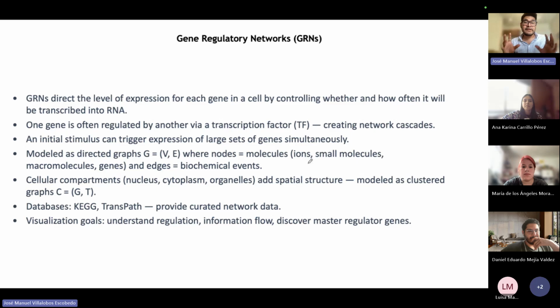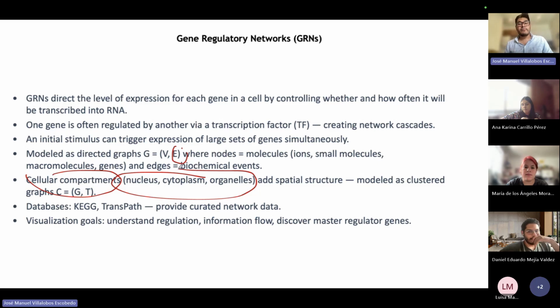In this case, particularly in a regulatory network, we are talking about genes and the interaction of the genes. So there are other kinds of things that we can consider. For example, cellular compartments, like if something is happening in the nucleus, or in the cytoplasm, or in another organelle, and we can put this information in our network.